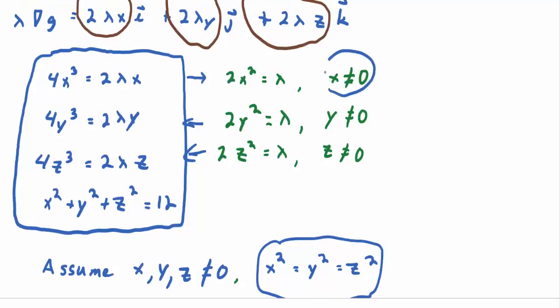Well, what happens when x equals 0? But we can be a little bit more general here. You're going to get the same answer when x equals 0 or y equals 0 or z equals 0 and the other two are non-zero. So you could say this.